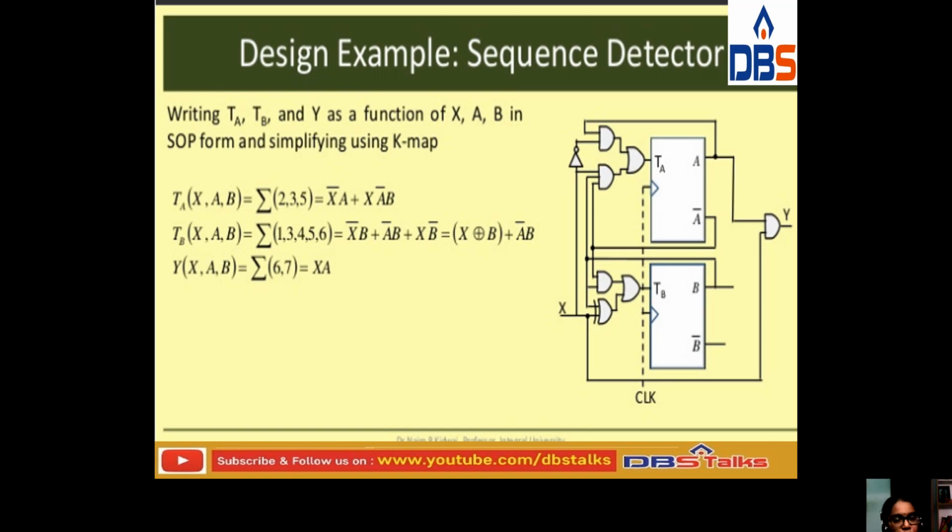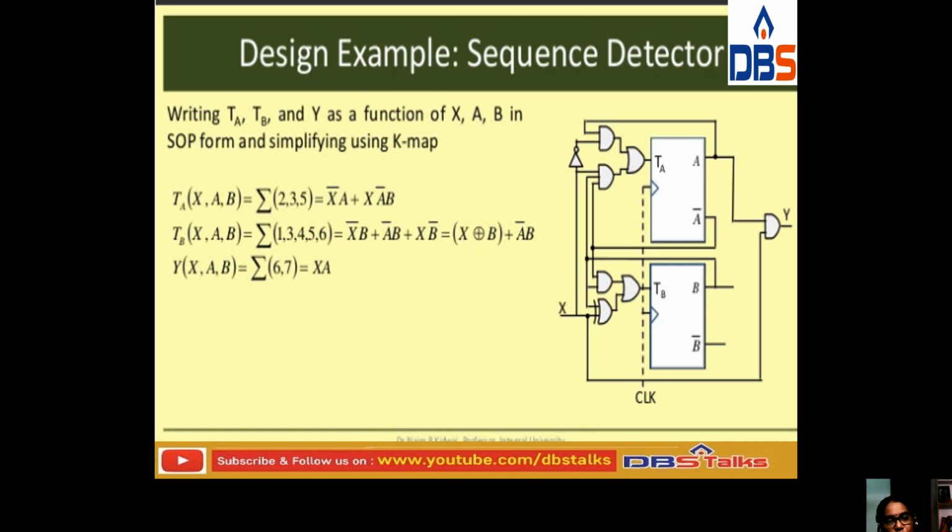Sigma means the sum of the minterms at the second, third and fifth places. Here we have only three variables, x, a and b, so the possible combinations are 2 cubed, that is 8: 0 1 2 3 4 5 6 7. So at positions 2, 3 and 5 we perform the sum.